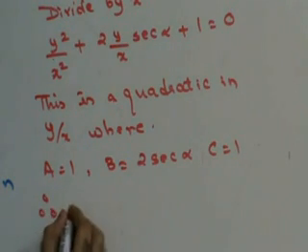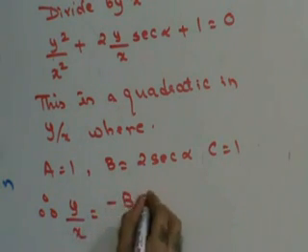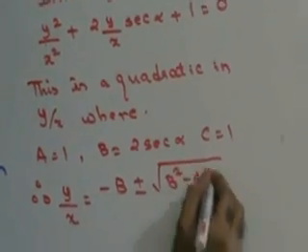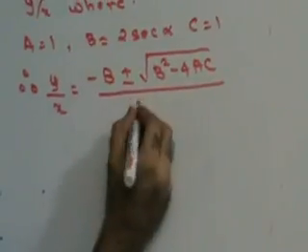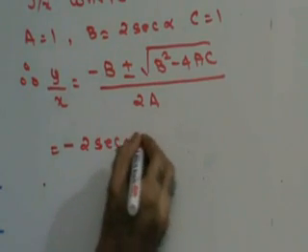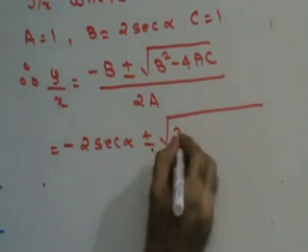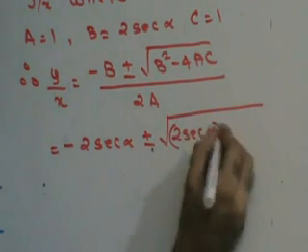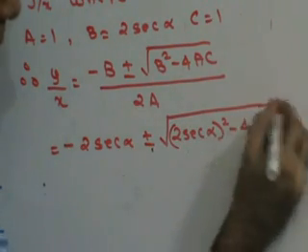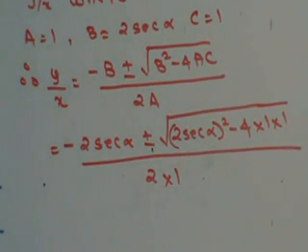Therefore, you can use your quadratic equation formula. y upon x is minus b plus minus square root of b square minus 4ac upon 2a. So this is going to be minus 2 sec alpha plus minus square root of (2 sec alpha) the whole square minus 4 into 1 into 1, upon 2 into 1.